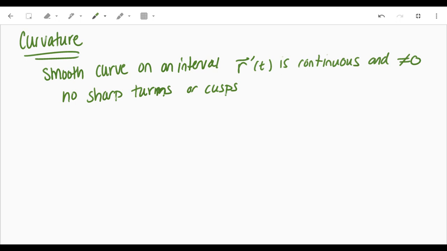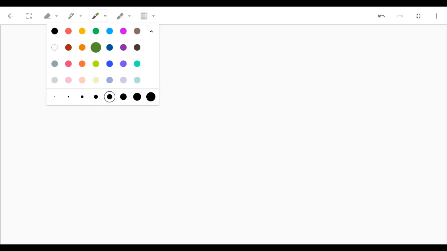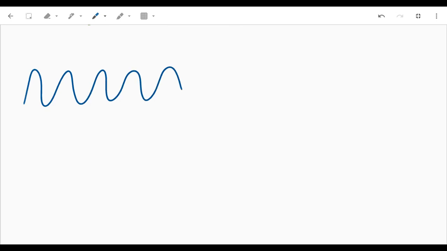If you think about our last lesson with that unit tangent vector, if we have a curve that looks like this versus a curve that looks like this, think about your unit tangent vector as you go along this and how quickly the direction is changing, versus this one.